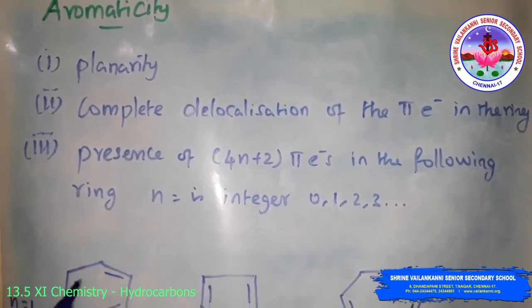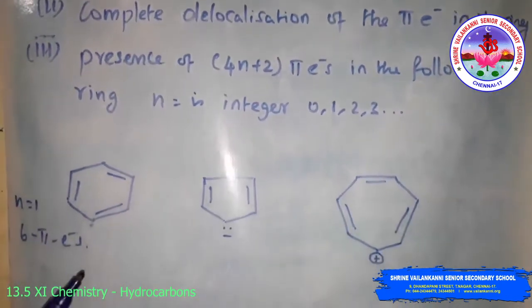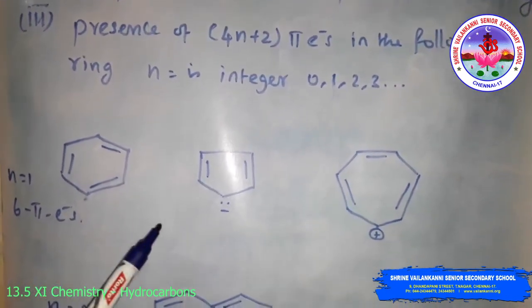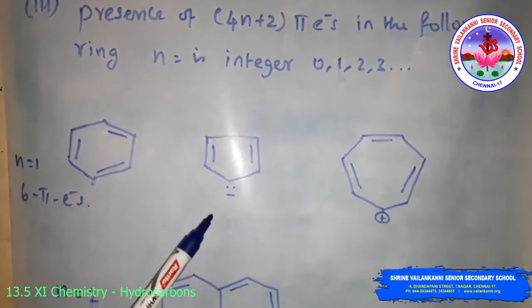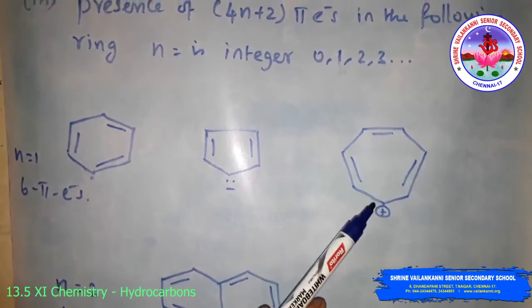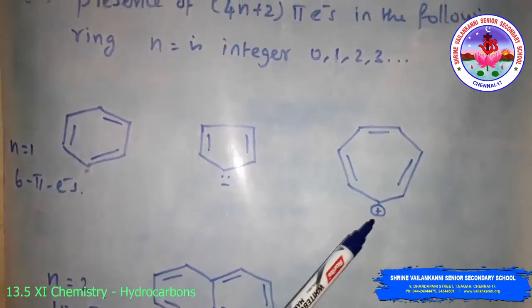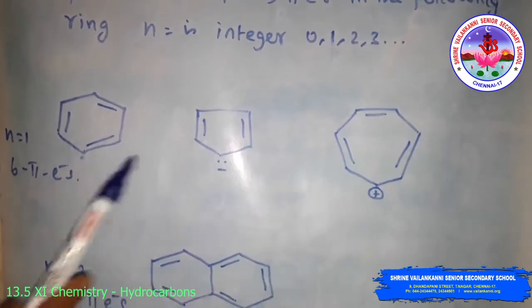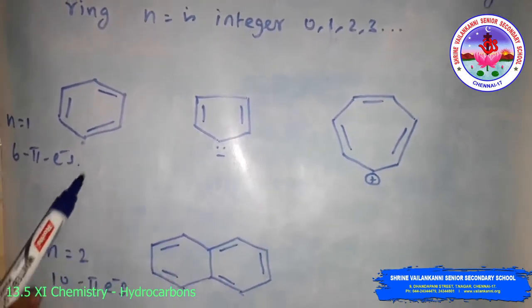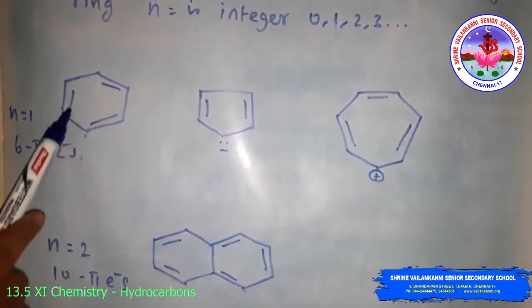See, these are some examples of aromatic compounds. This is benzene, this is cyclopentadienyl anion, and this is cycloheptatrienyl cation. Positive charge is present, so that is a cation. See the benzene: here n is equal to 1, so it has 6 electrons.